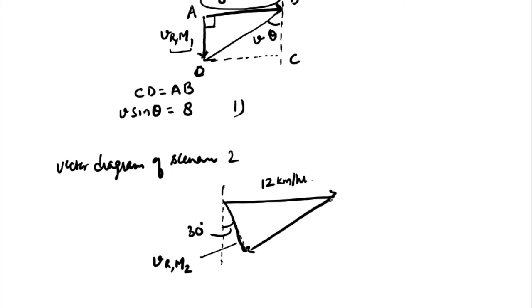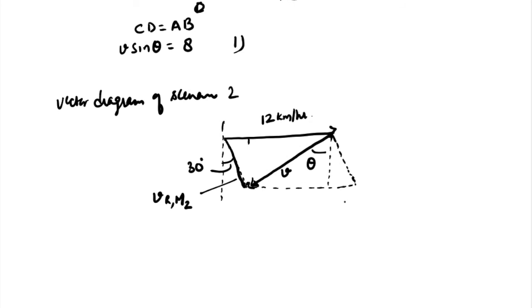So if we complete the vector diagram, this is how it is, and this is V, and again this is theta, same as above. Now in this, if we want to find our way around, there are two things we can look at.